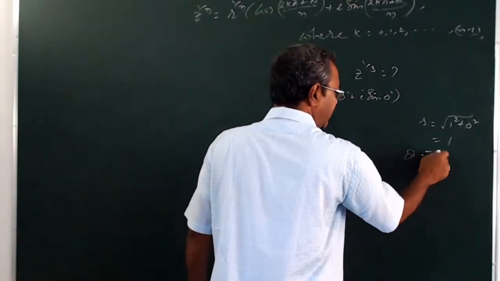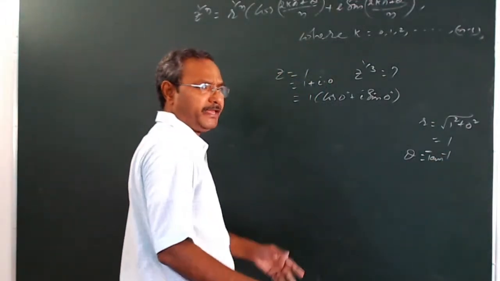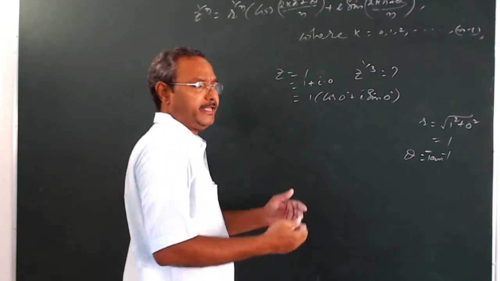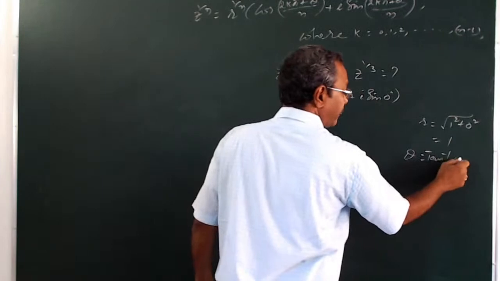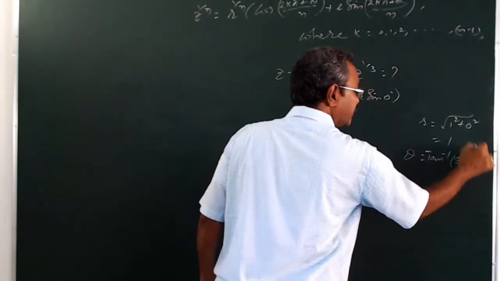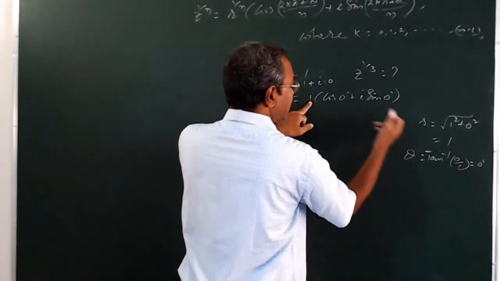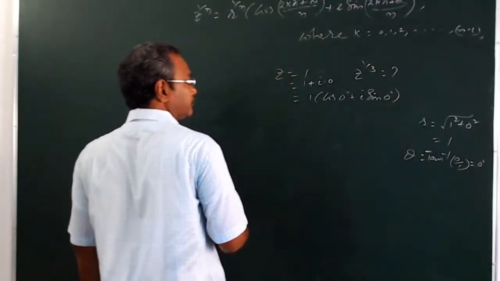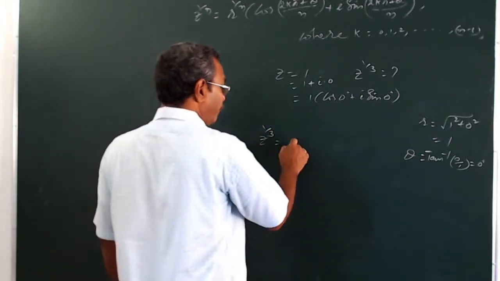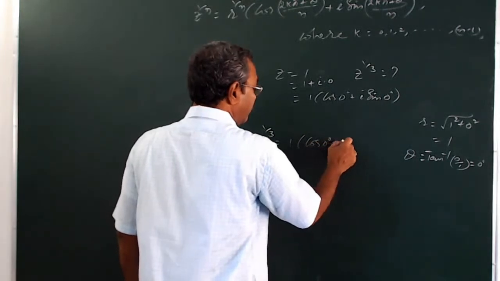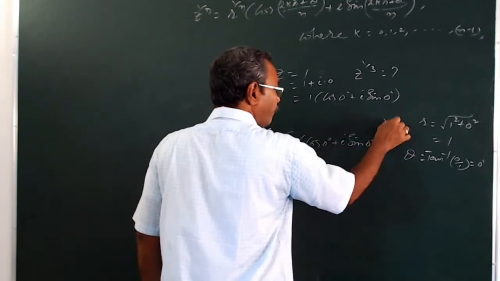What is this theta? Tan inverse b by a or y by x. If it is x plus iy, y by x. If it is a plus ib, b by a. So tan inverse 0 by 1, that is our 0. So that's why it is r into cos theta, that is cos 0 plus i sin 0. Now z to the power of 1 by 3 is 1 into cos 0 plus i sin 0 to the power of 1 by 3.